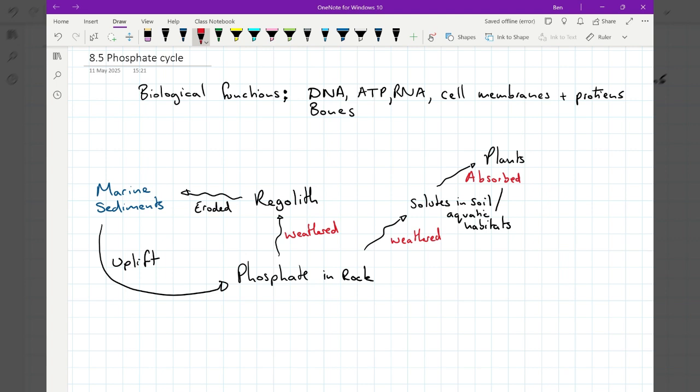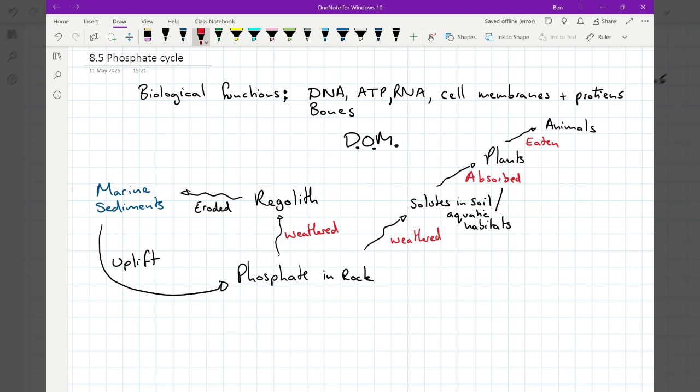And then it can get eaten and end up in animals. And these can all pass it into dead organic matter through death.